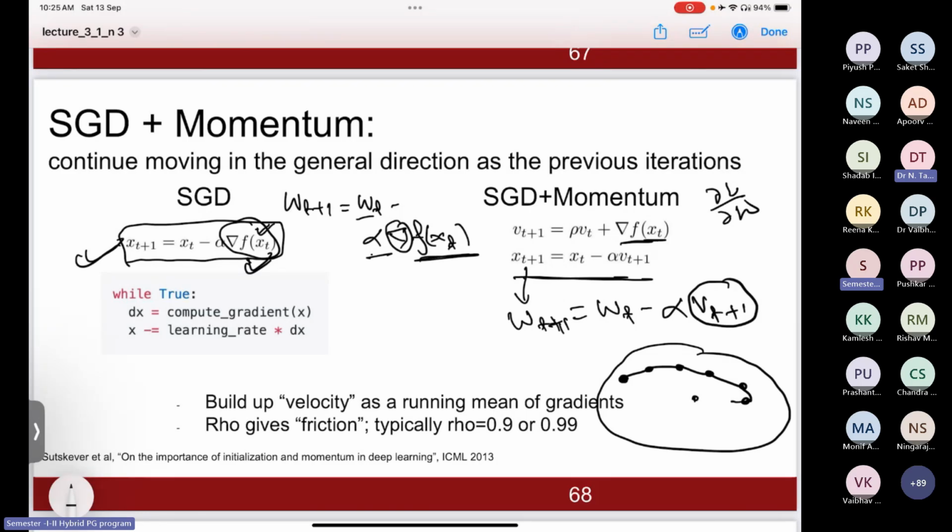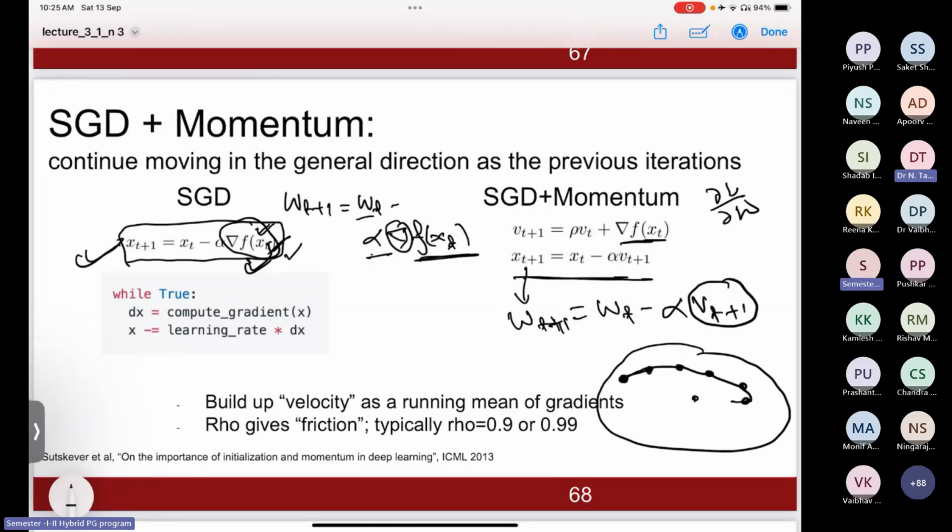Every time it is getting changed based on this gradient. So gradient is the guy which is changing the W, and that's why it can be considered as a velocity. Velocity is something which will change the location of a particular object. So W can be seen as an object, and its location is getting changed with the help of your gradient. So gradient can be seen as a velocity.